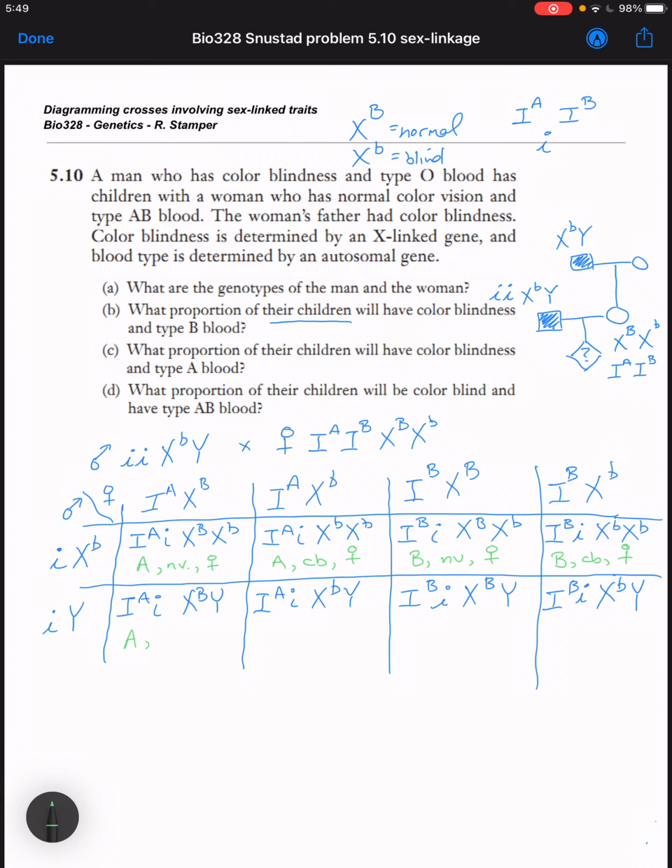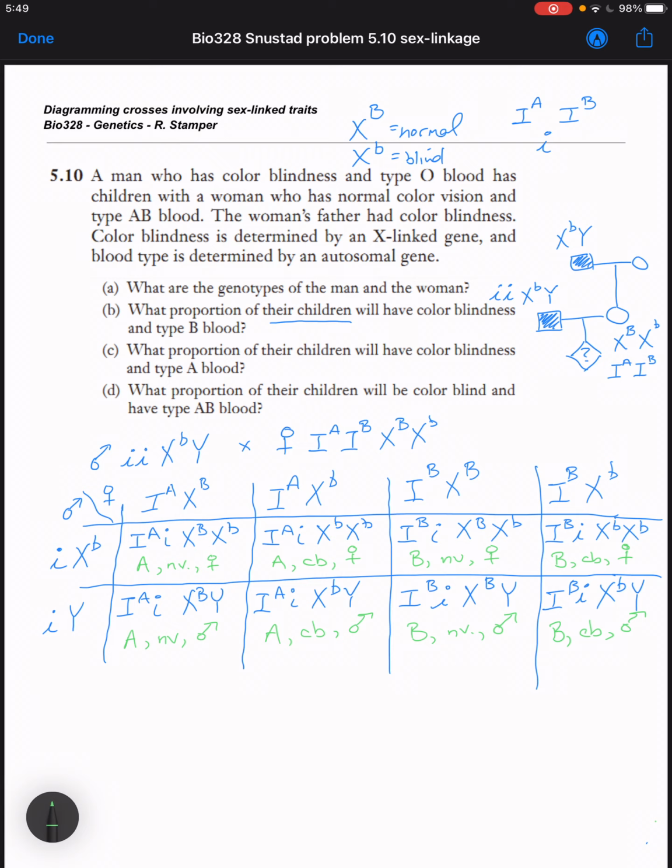Bottom, I get A, normal vision, male. Now it's got the Y chromosome. A, colorblind, male. B, normal vision, male, and type B, colorblind, male. Now we've done all the hard work. Now we just go back and answer the questions.